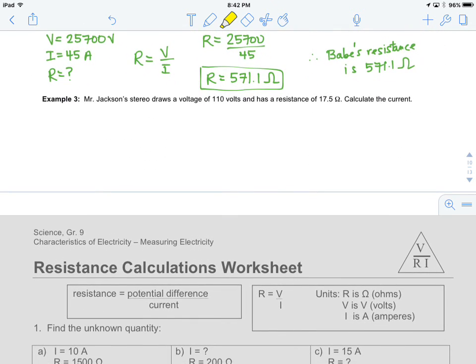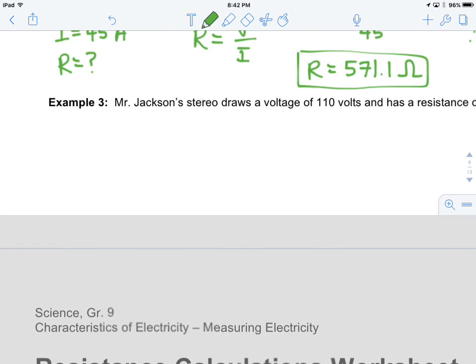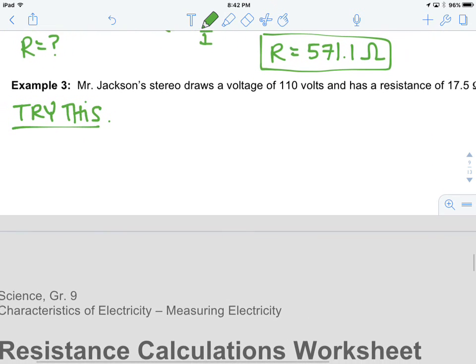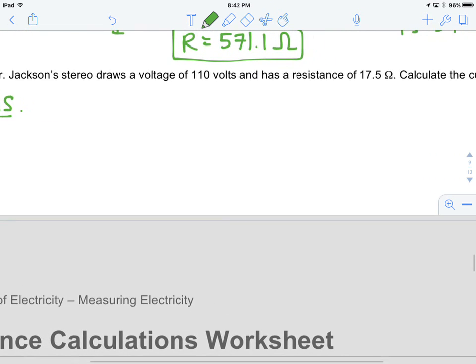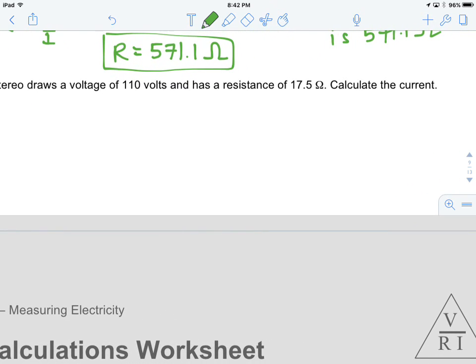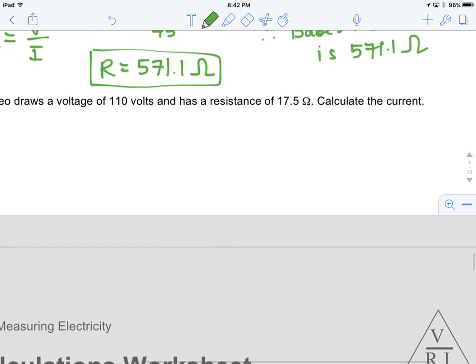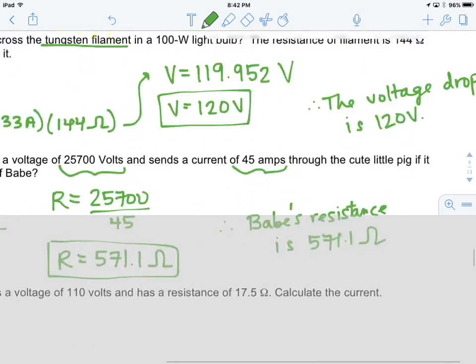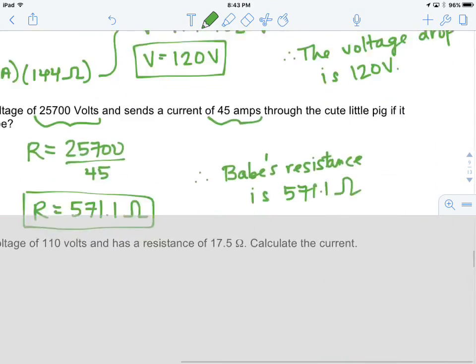Okay, so the last question I'm going to leave as a try this question, and we can take this up in class. Mr. Jackson's stereo draws 110 volts and has a resistance of 17.5 ohms. Calculate the current.